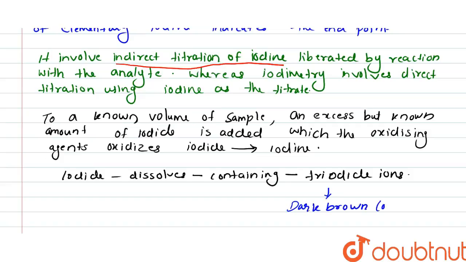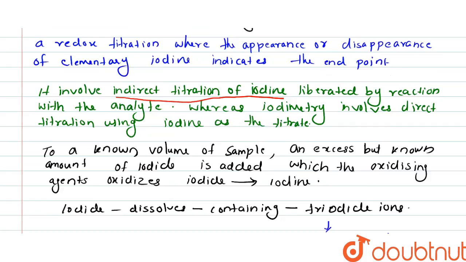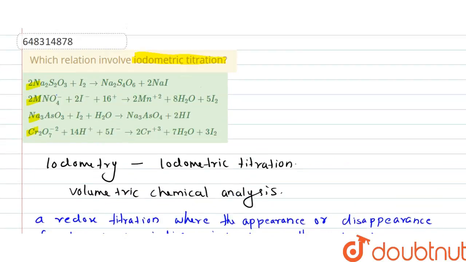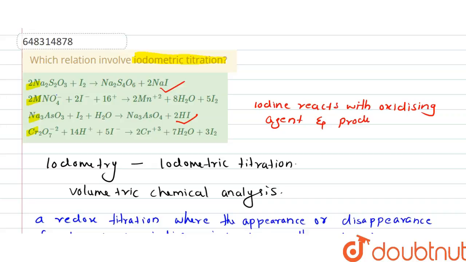So we can conclude that in option A and C, iodine reacts with oxidizing agent and produces iodide.